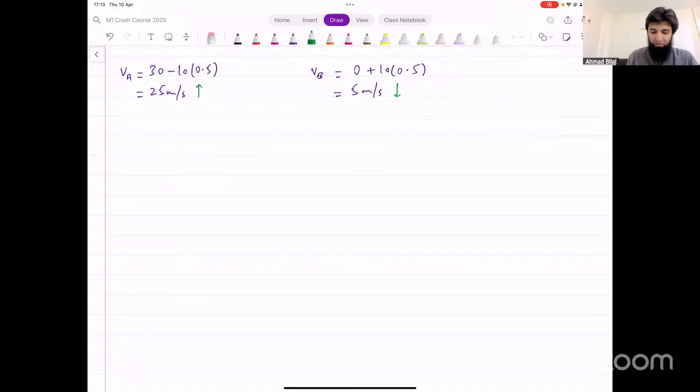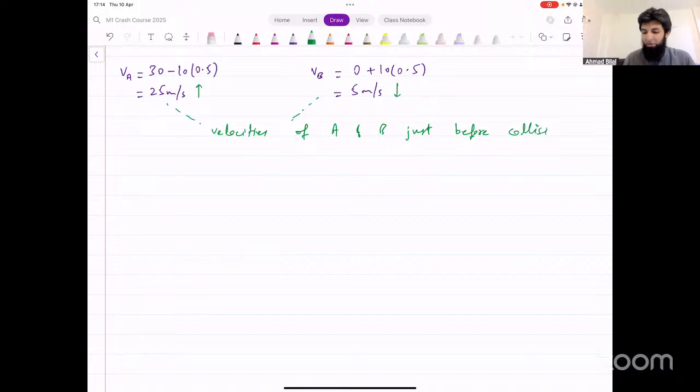Let me write that down here. Velocities of A and B just before collision. So now we can apply conservation of momentum and see what that gives us.